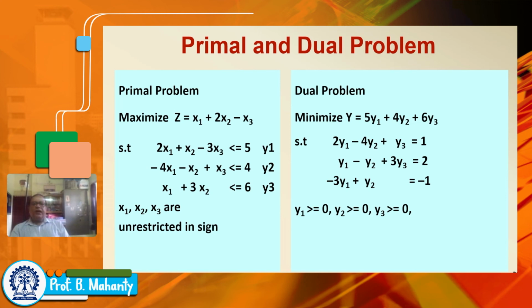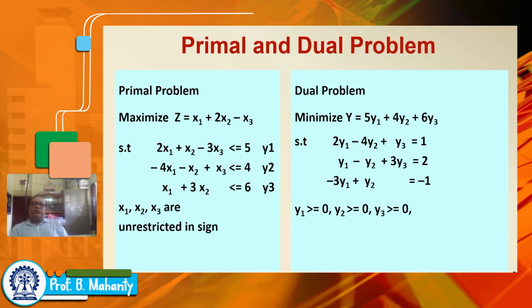Then y1 minus y2 plus 3y3 equal to 2, and minus 3y1 plus y2 equal to minus 1. This equal to is coming because x1, x2, x3 are unrestricted in sign. And since the maximization problem has standard form constraints, we say that y1, y2, y3 are greater than or equal to 0. So this is our dual problem.